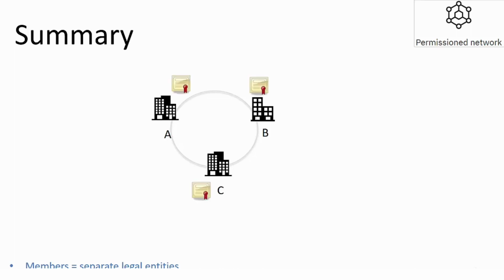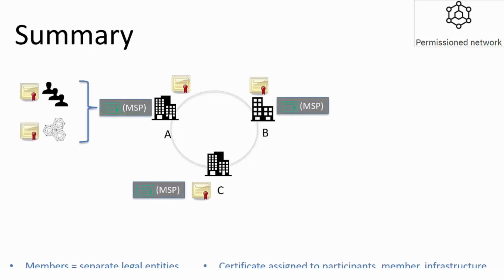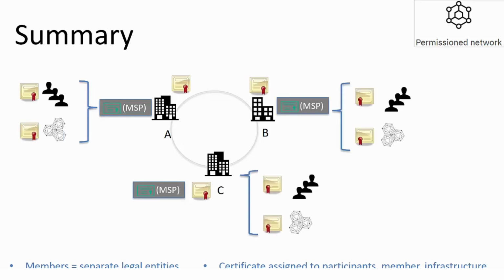Each of these members is assigned a certificate, and depending on their authority, they may be able to use an MSP to create participant and infrastructure component identities within their organization. A blockchain network can have one or more MSPs, as shown in this illustration.